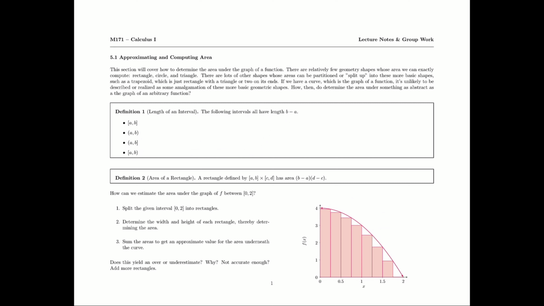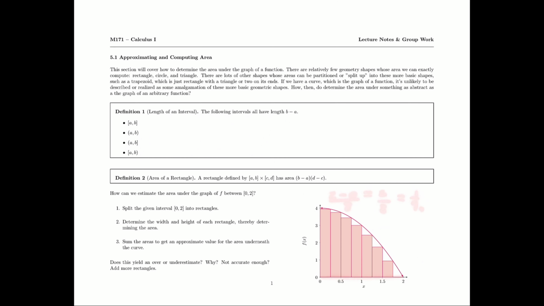So what we can do is split up this interval from 0 to 2 evenly into a certain number of rectangles. In this case, we can split 0 to 2 into 8 rectangles. Then each rectangle has a width of the total width of the interval, 2 minus 0, which is 2, divided by the number of rectangles.